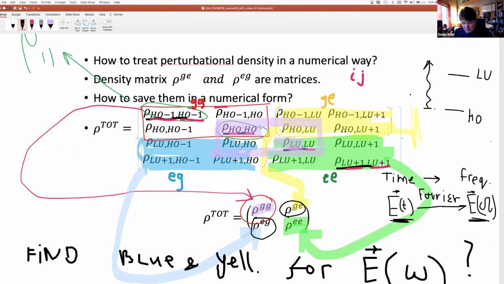If you excite it with a frequency that is smaller than the HOMO-LUMO offset, it will also not be excited. In order to perform the excitation, the frequency of the light should be exactly equal to the energy offset. So h bar omega equals the energy of LUMO minus the energy of HOMO. So one needs to match the so-called resonance condition.